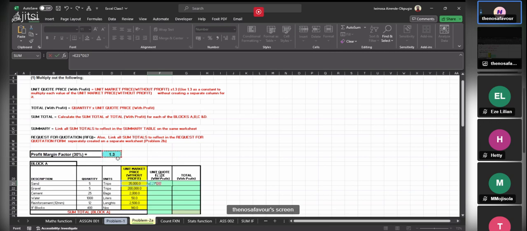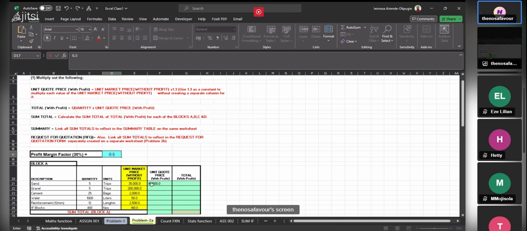Alternatively, we could have just written 1.3, but remember what I already explained, that it's best we use the cell itself so that tomorrow, if your boss or whoever comes and says, our profit margin is no more 1.3, 1.3 is too much, we are running at a loss, we want it to be 0.5, all we need to do is come here and type in 0.5.